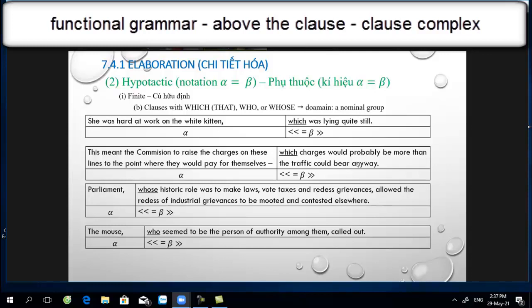This means the commission to raise the charges on these lines to the point where they would pay for themselves. This sentence is too complex for me. So which may refer to these lines? These lines? Or the charges? The charges. Yes. I think that the charges on these lines. Oh, okay. And the next one, please.